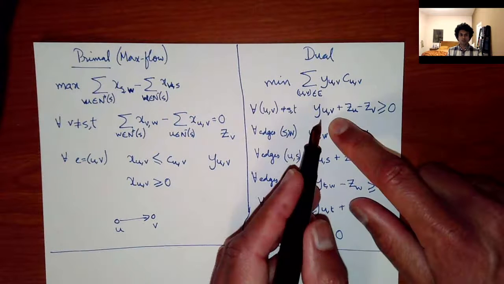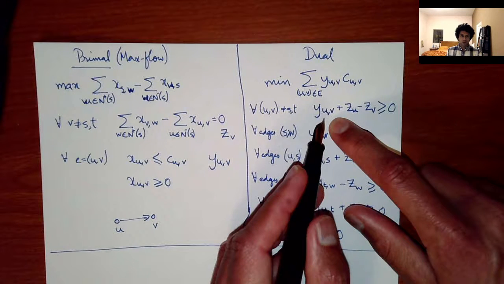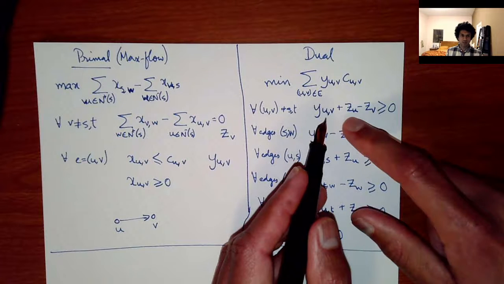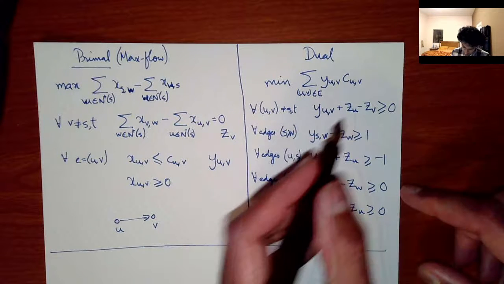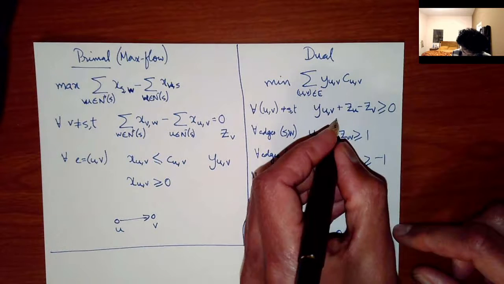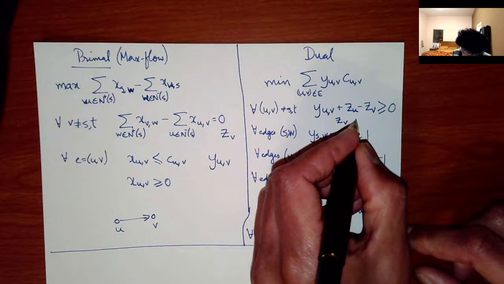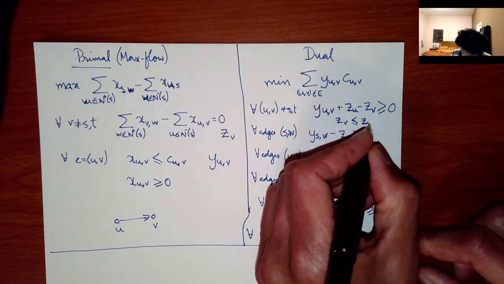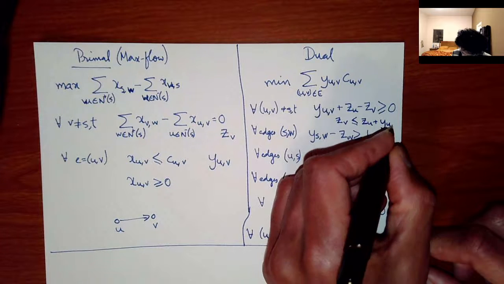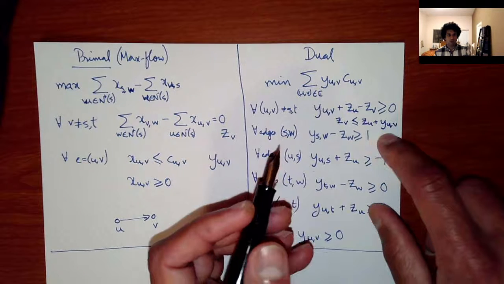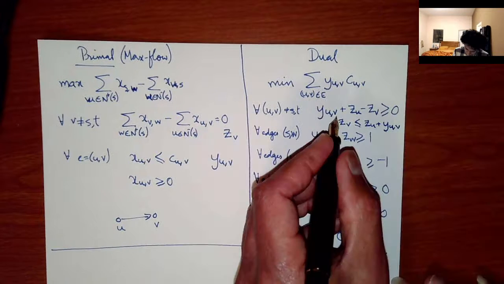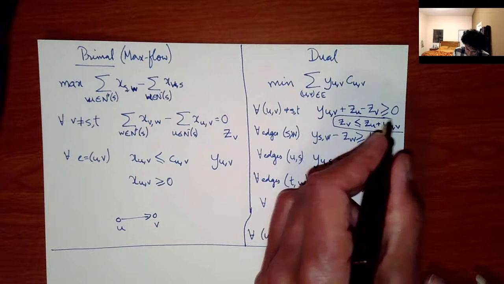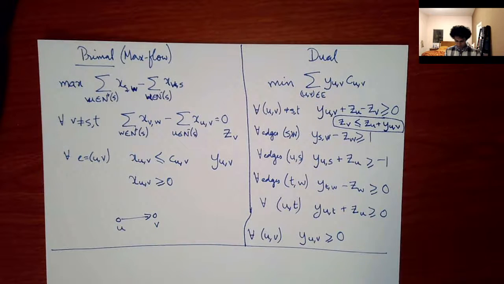Essentially, every constraint looks like YUV plus ZU minus ZV is greater than 0. And if you rewrite this a bit, you basically get ZV less than or equal to ZU plus YUV. Where have you seen a constraint like this? What does this look like? The shortest path. It looks exactly like the shortest path constraint.